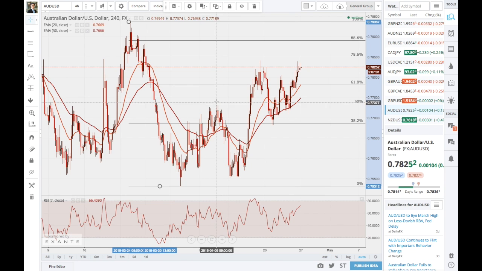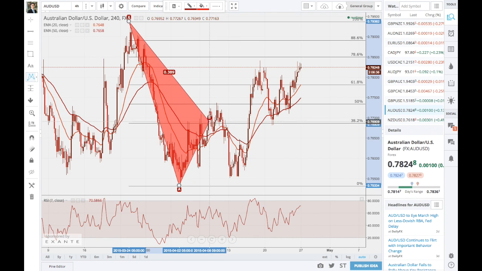When your B point, or the midpoint of this, is at 50%, that tells us there's a potential Bat pattern forming. For a potential Bat pattern forming, the D point, or the potential reversal zone, in short the PRZ, will then complete around the 88.6 level. So if we pull out our pattern, it will be something like this.